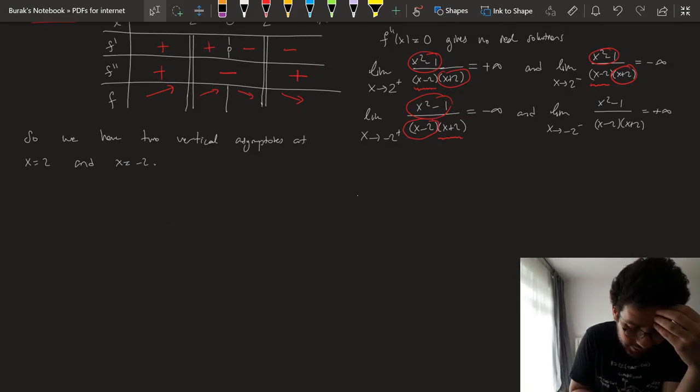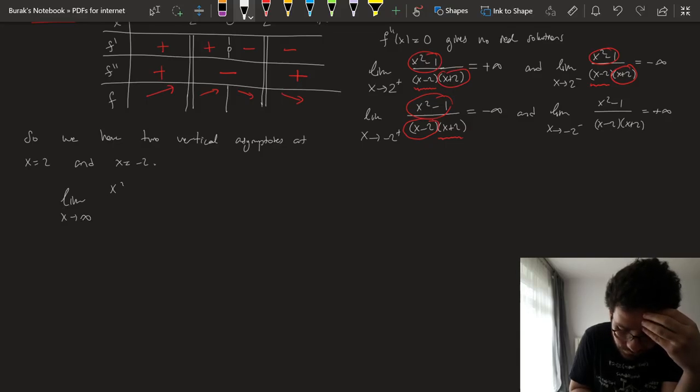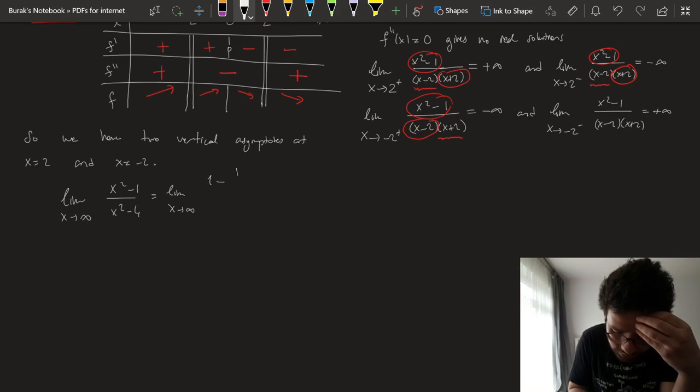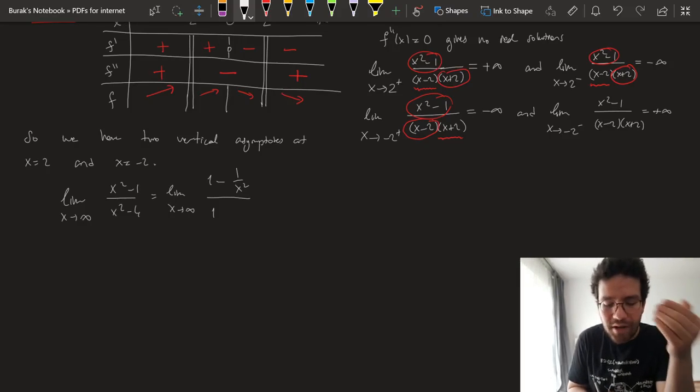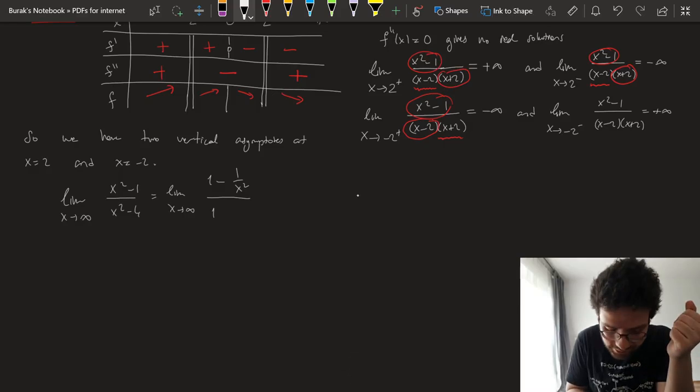What about horizontal asymptotes? Now, this limit, you can easily check by dividing top and bottom by x squared. You can check that this is the same thing as 1 minus 1 over x squared divided by 1 minus 4 over x squared.